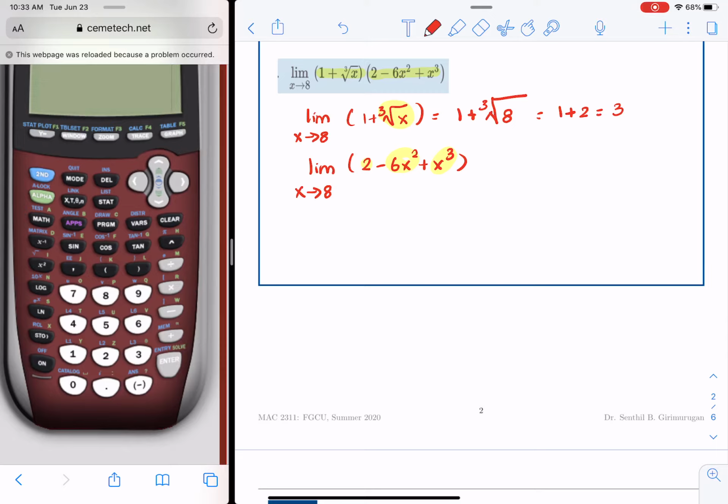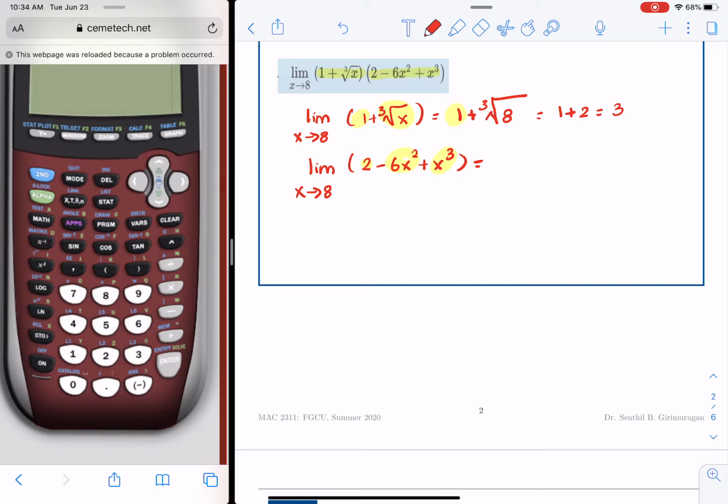So the first term has no x in it, so the limit doesn't affect that particular constant term because there is no x. It was the same in the previous part right here. There was no x in the first term, so the limit as x approaches 8 did not affect 1.